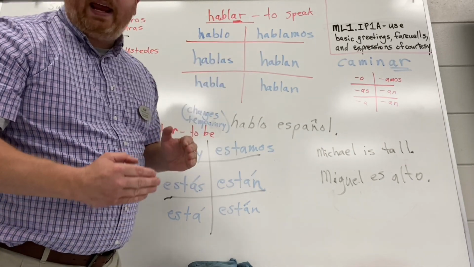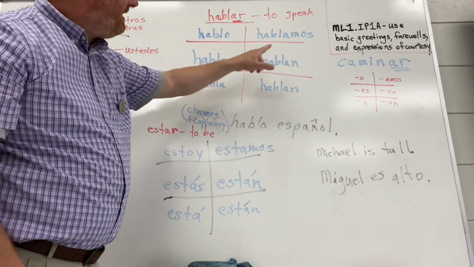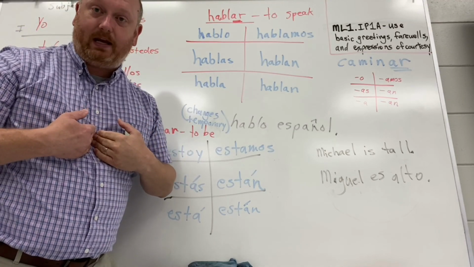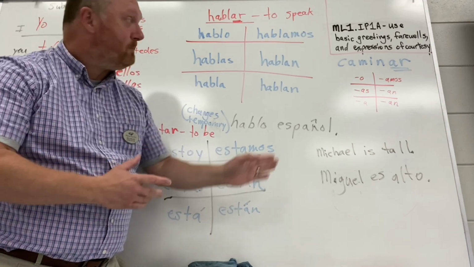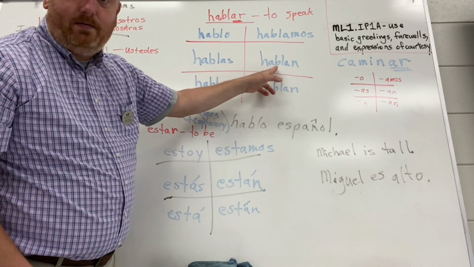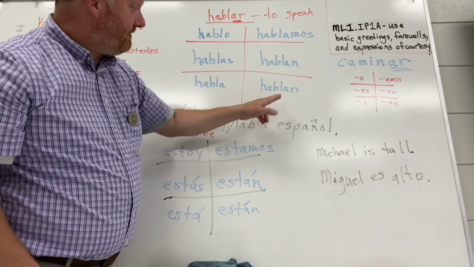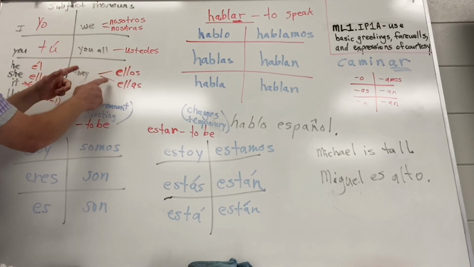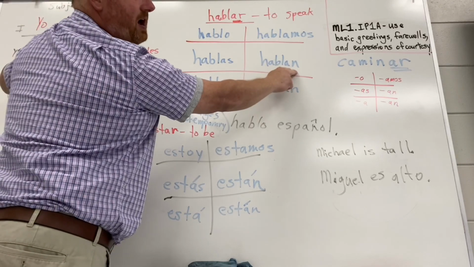So if I want to say we speak, I'm going to add this amos ending to it, and I'm going to say hablamos, and that's going to be we speak. That amos ending tells us that it's we. Here, hablan, and the last one also has an an ending, hablan. So that means if I look back at the pronouns for these last two spots here, you see ustedes will have an an ending.